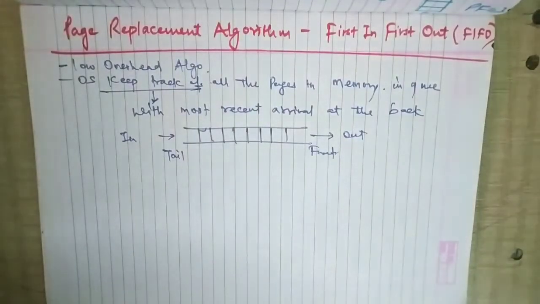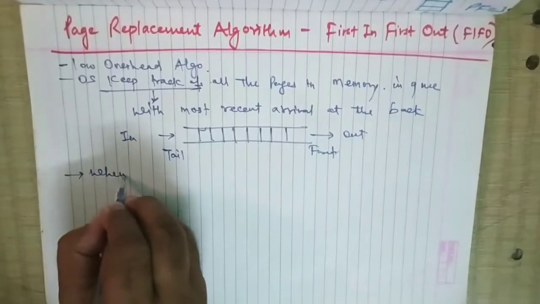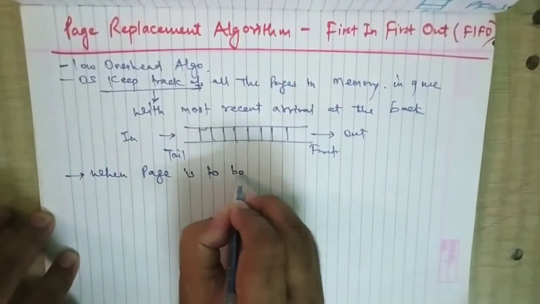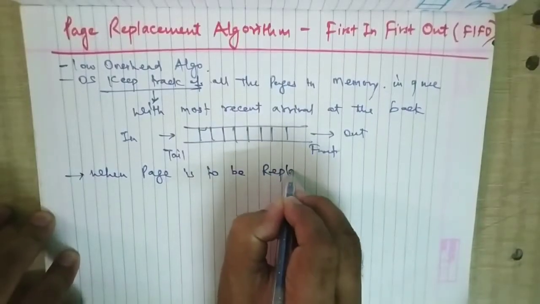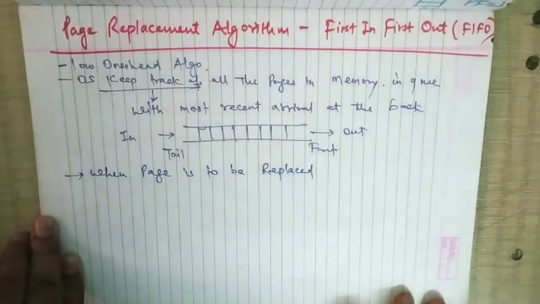When a page needs to be replaced, the page at the front of the queue is selected. So which page do we have to select?